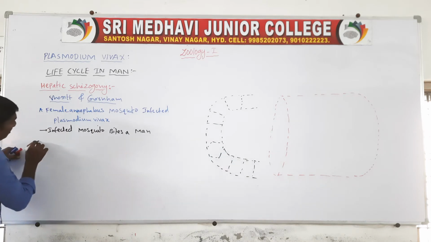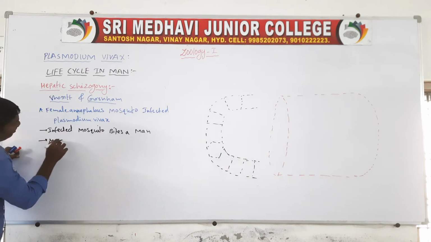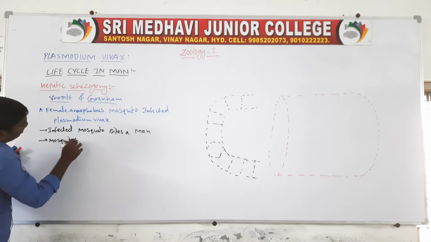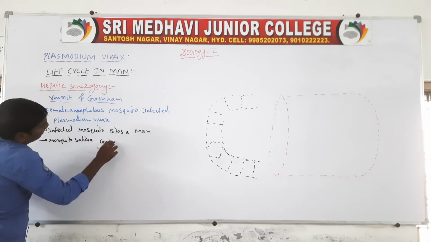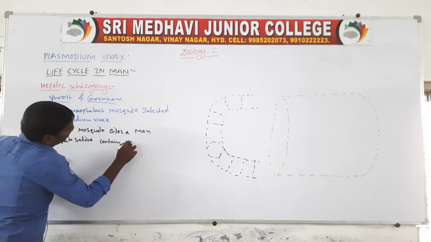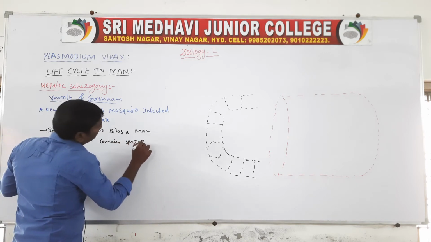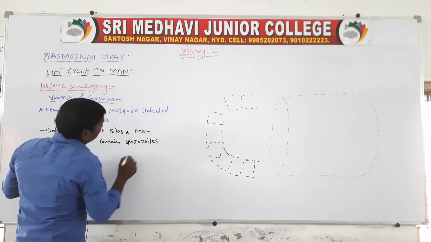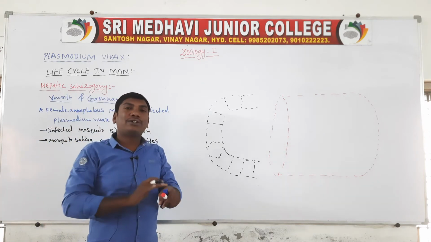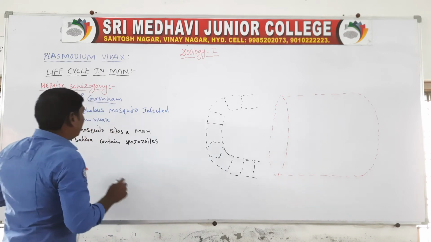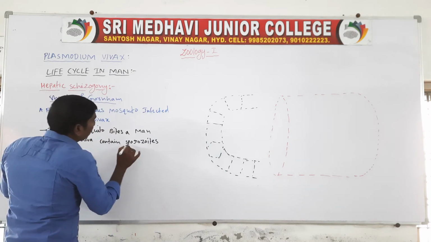The mosquito saliva contains sporozoites. These sporozoites enter the human blood circulation.